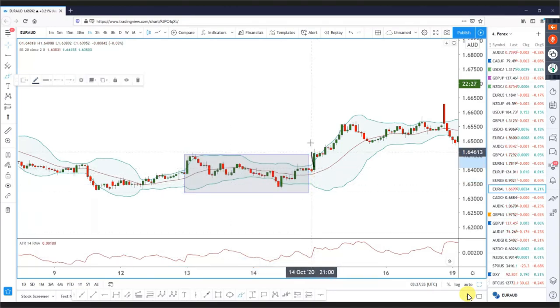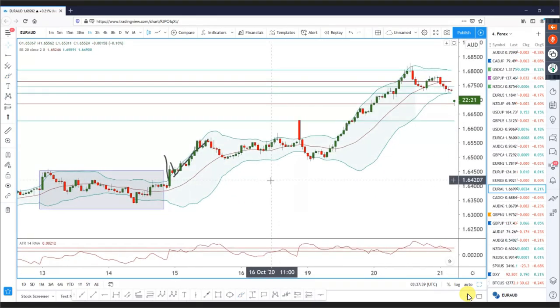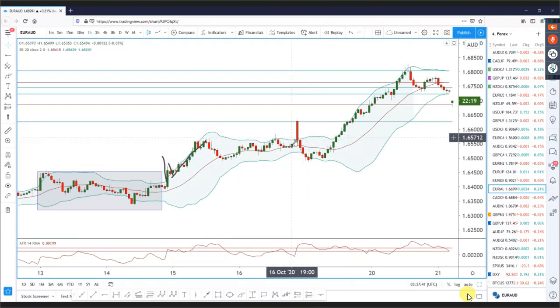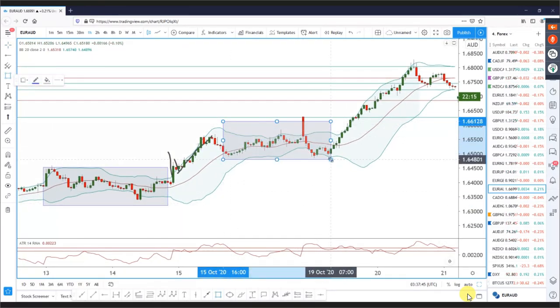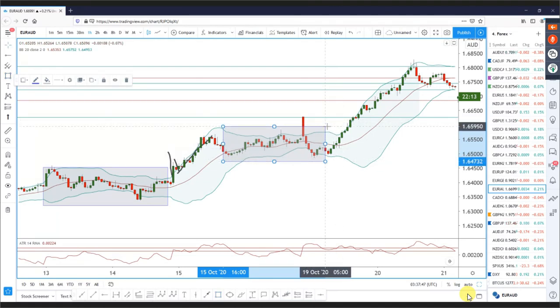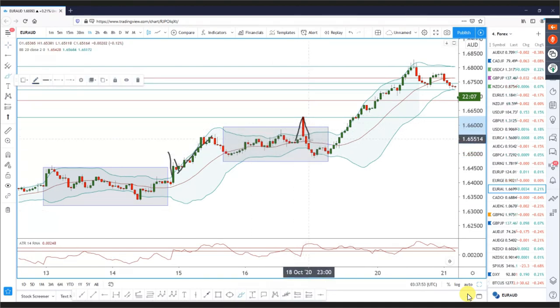So we have a break and a retest and a continuation. Then here we have a break towards the upside. Consolidation, right? And then break to the upside.